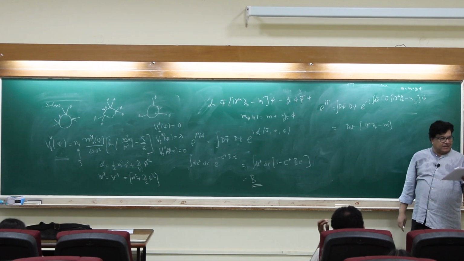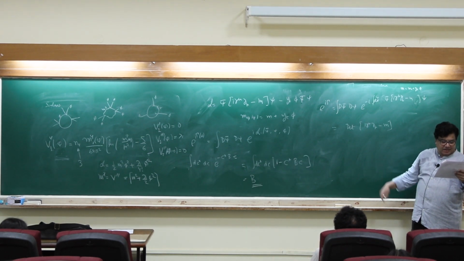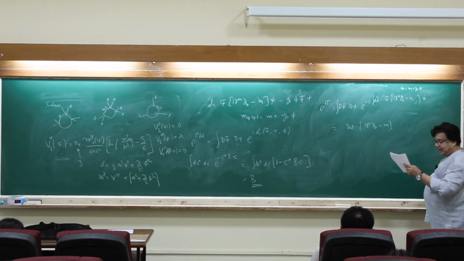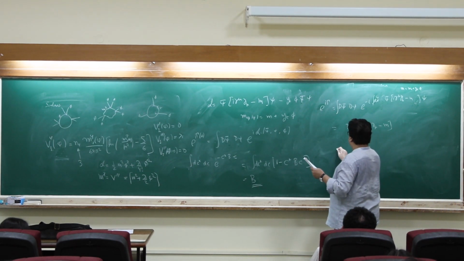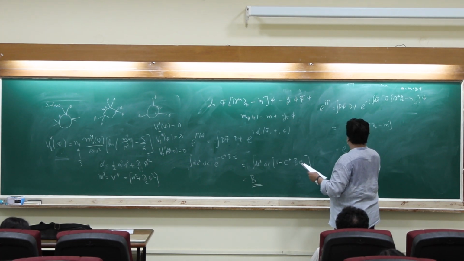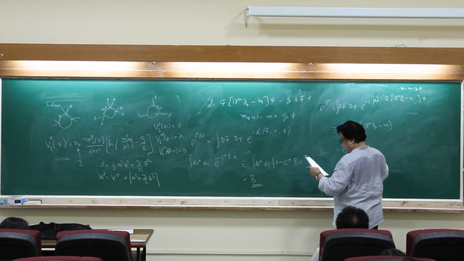And we just do it like last time. This is the determinant of the operator, and we write it as e to the power trace log.